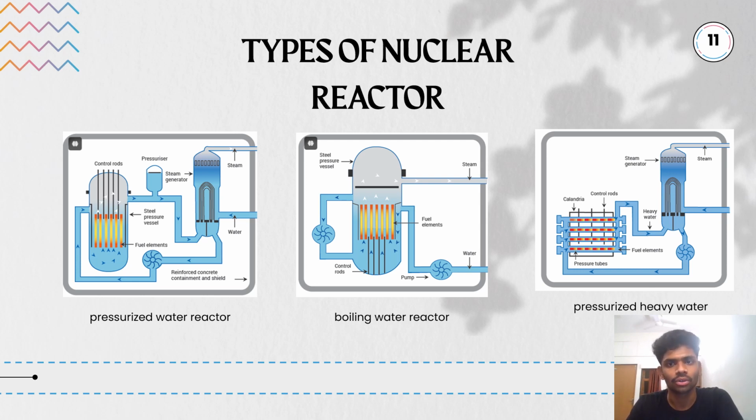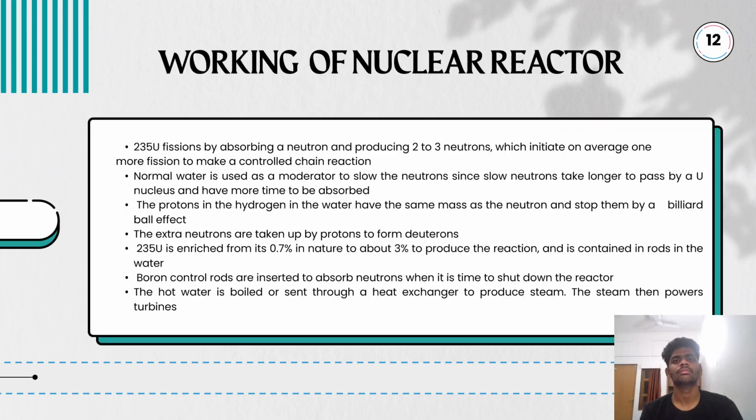This is called control rods. This is called heavy water. These are the fuel elements, and these are known as the pressurized tubes. Now we are going to discuss the working of nuclear reactor.